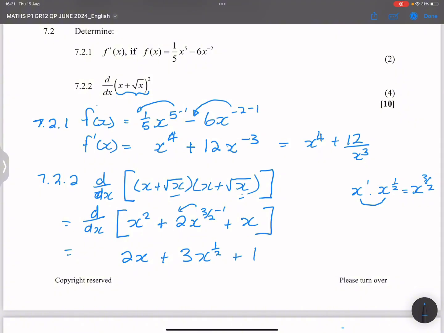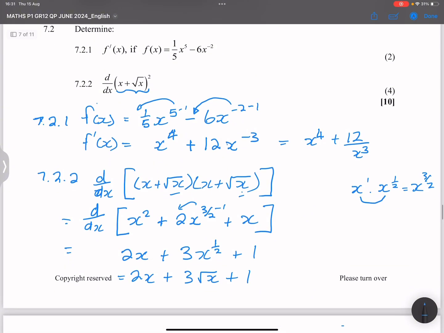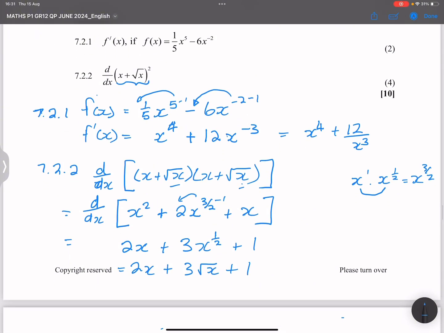Please note, if you want to express it with a root, this would be 2x plus 3 root of x plus 1. Really not necessary, but that is how you would write it down. Ladies and gents, that is how this question ends. Let's go to the next question.